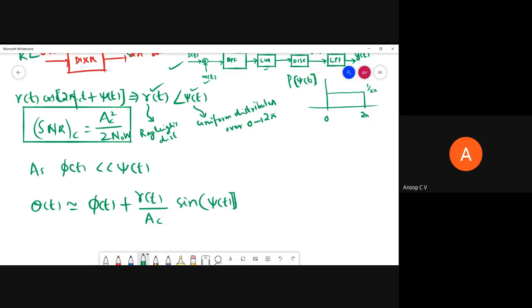In that expression, we neglected the phi of t term compared to psi of t, as it is very small. So this is our final theta of t.